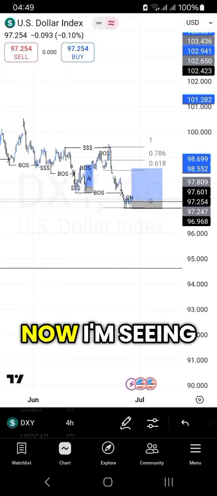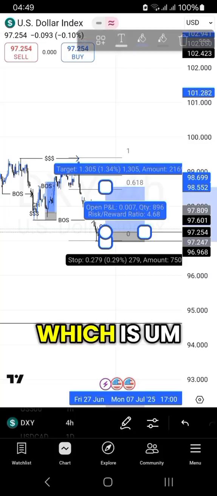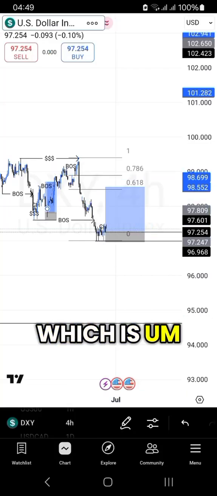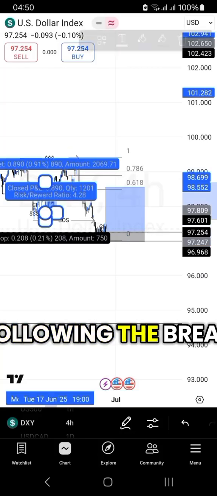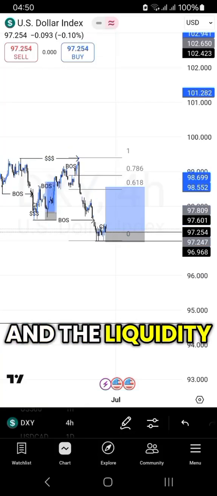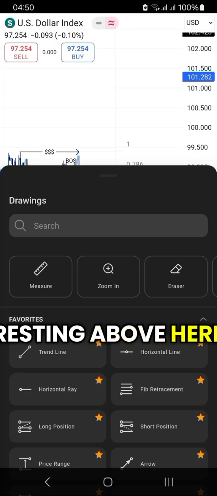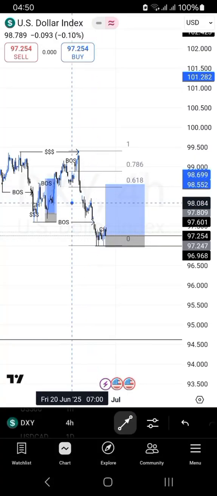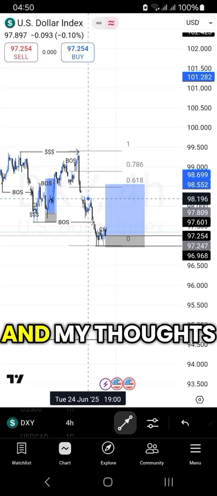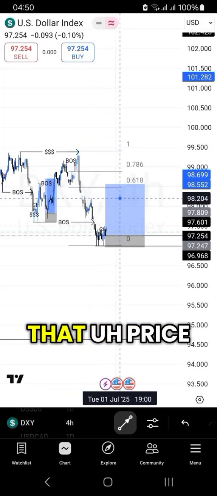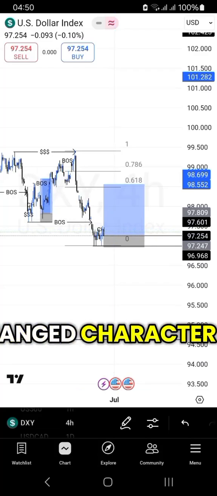Now I'm seeing something here, which is a range following the break of structure here, and the liquidity resting above here. My thoughts on this is that price has already changed character to here.